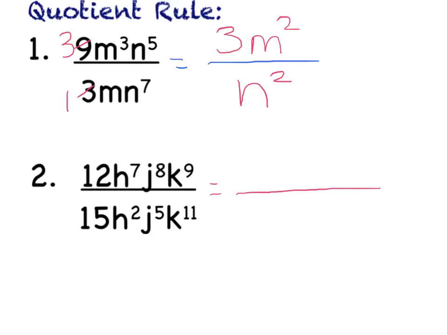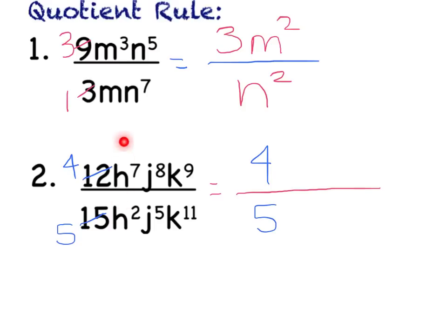So to do that, I'm going to take out a common factor. So the common factor that goes into 12 and 15 is 3. So 3 goes into 12 4 times, and 3 goes into 15 5 times. So in my numerator, I'm going to have a 4, and in my denominator, I'm going to have a 5. All right, I've taken care of my coefficients.